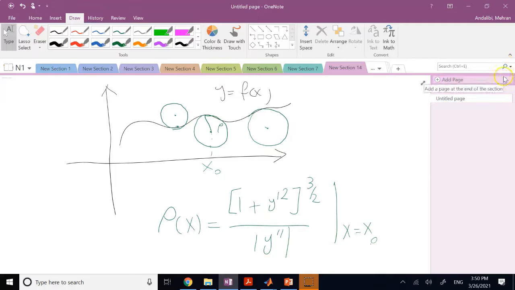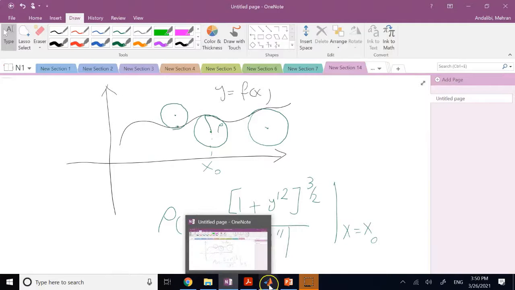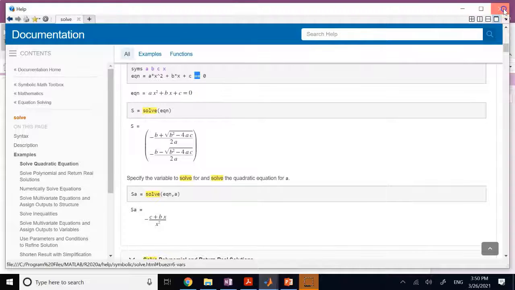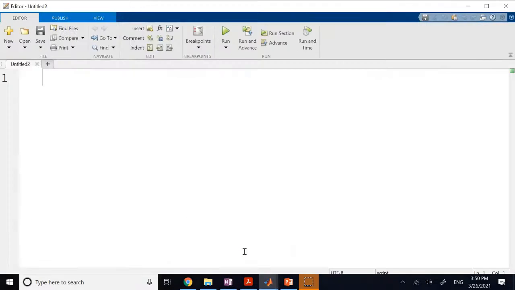Diff command, and then to evaluate the function and the diffs at the point, you use the command eval. So look here, let me give you an example, and this is going to be the last part of this lecture. Let's say I want some function.